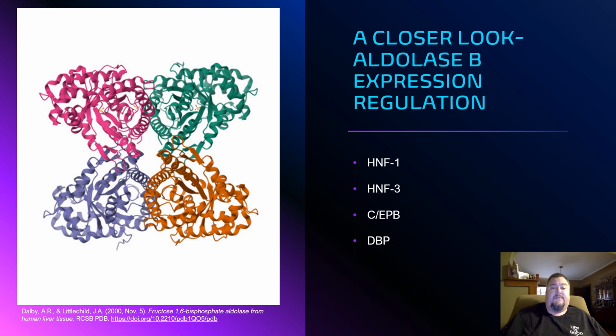Both DBP and HNF1 are strong transactivators of the aldolase B promoter, with C/EBP being a weak activator. HNF3 is an anti-activator, completely antagonizing transactivation by HNF1 and non-competitively antagonizing transactivation by DBP.